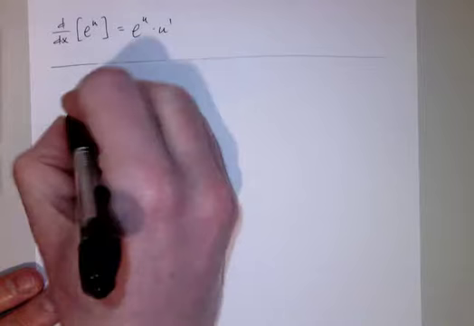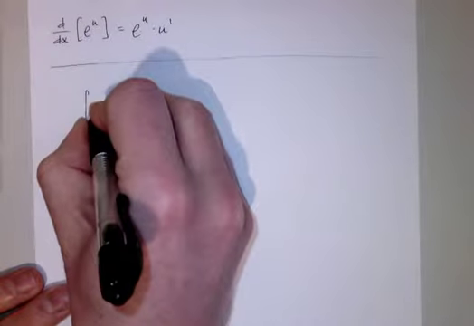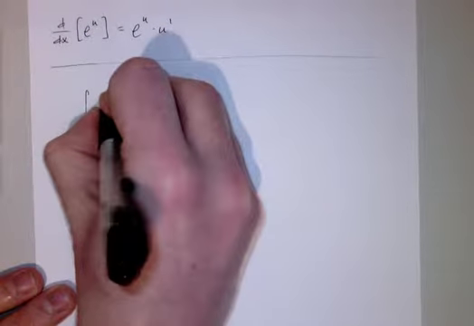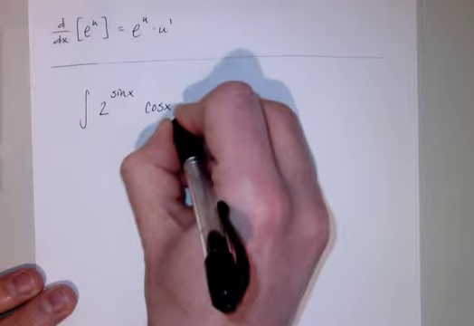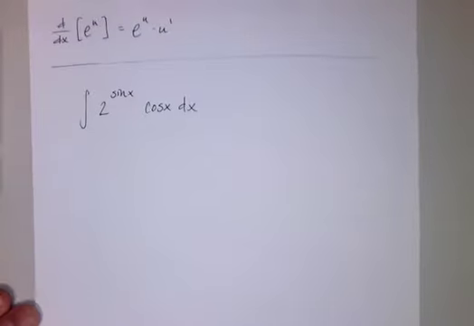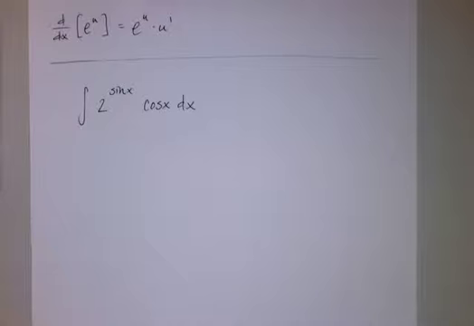Let's say we have the integral of 2 to the sine x times cosine x dx. Okay. Now it's an exponential again. The bummer is the fact that it's not e, it's base 2. Okay.